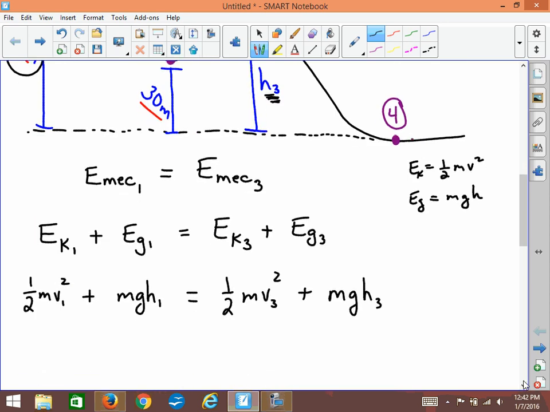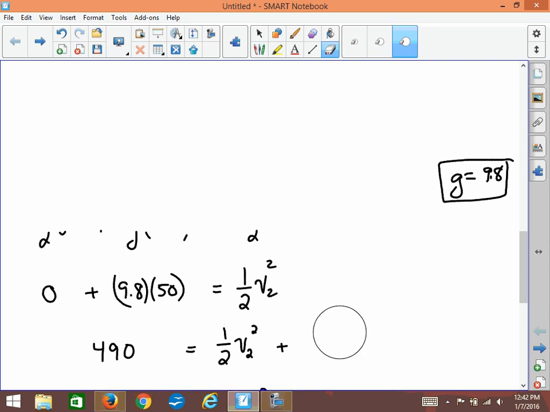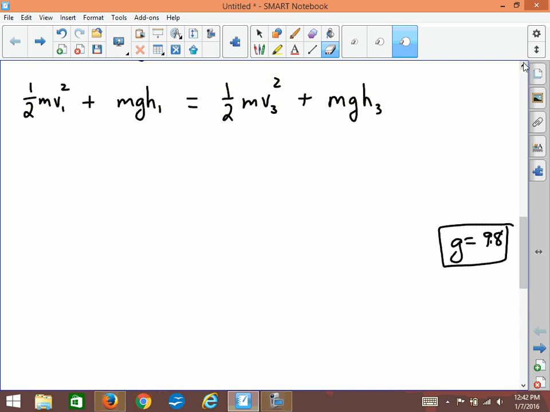Okay. Now remember what I said about the m's. The m's can all cancel out of the equation as long as they occur in every single term, which they do. There's an m everywhere. So we can divide everything by m, and we can change this to this equation, which is a little bit easier.